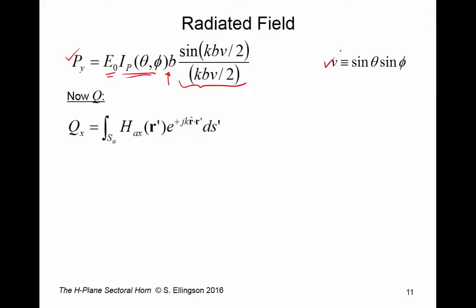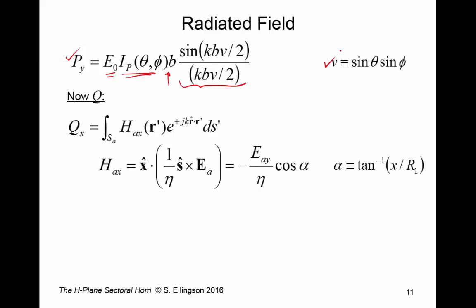We can do the same thing for Q. Q sub x is given by this integral. I need an expression for H. So all I'll do here is come up with an expression for H from the plane wave relationship, take the dot product to get the x component, and this immediately gives me minus E sub ay divided by the impedance of the medium, which is probably free space in most problems, times cosine alpha, where alpha is, as we've defined it all along, the angle measured with respect to broadside.